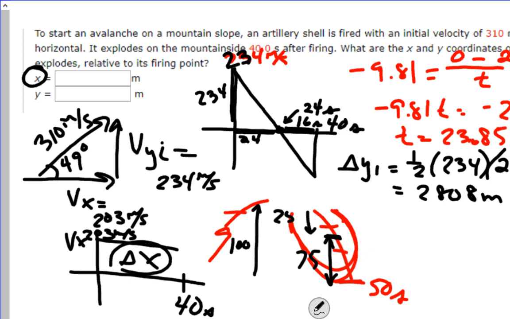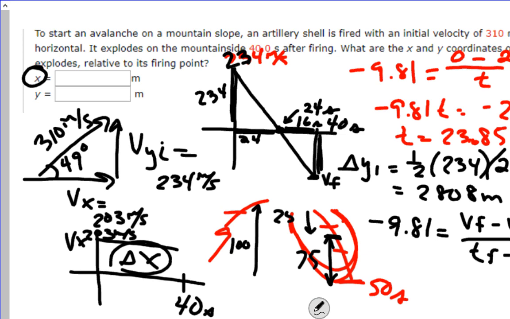Okay, now I don't know the velocity down here. So I could use the slope of my line again to figure out the final velocity, because I need to know how long that leg of my triangle is. Okay, so negative 9.81 equals Vf minus Vi over Tf minus Ti. If I only focus on this bottom triangle, basically I'm starting over here, right at the middle.